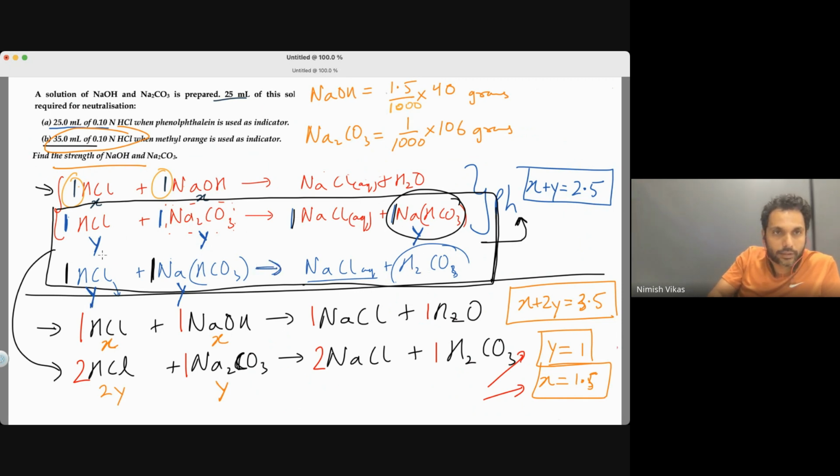And the total HCl consumed for the complete reaction is Y plus Y. Y replaced one Na and another Y replaced another Na. Hence, in totality, it is 2Y which has reacted with Na2CO3 for methyl orange to show a color change. Is that clear?